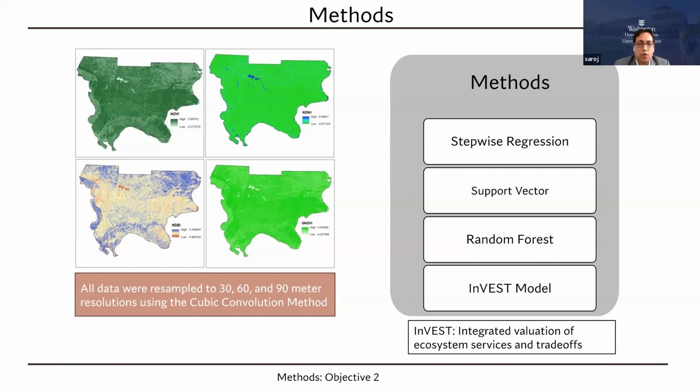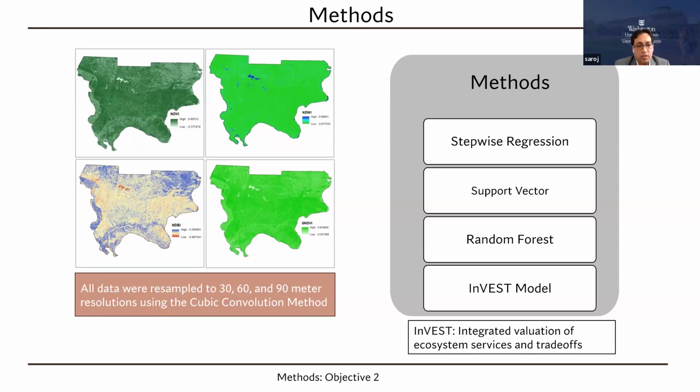So it starts with forward selection and then backward removal. The model starts with zero, adds variables, and then if some of the variables do not perform well for the model, it removes them from the model. So that kind of bidirectional regression was used.